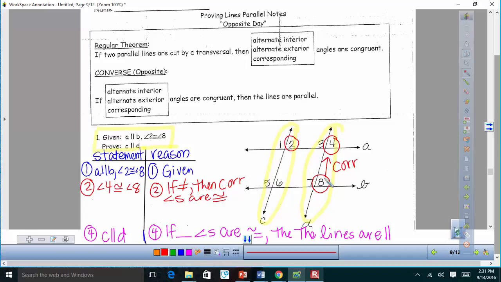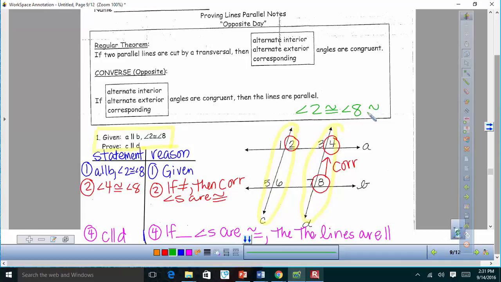Now I'm trying to get from 8 to 2, but they're on different transversals. So I can't just say 4 and 2 are corresponding, because they don't actually have a relationship, because these are not parallel. So what I would do is take my information from the beginning: angle 2 is congruent to angle 8. I also found that 8 is congruent to what? 4.